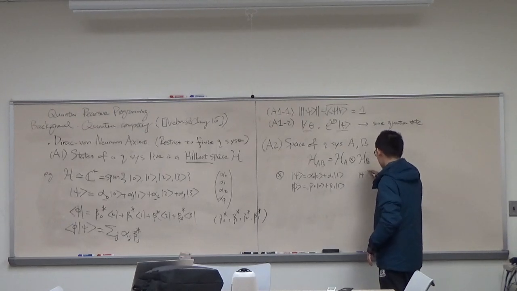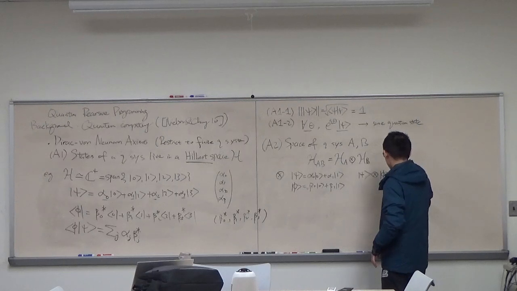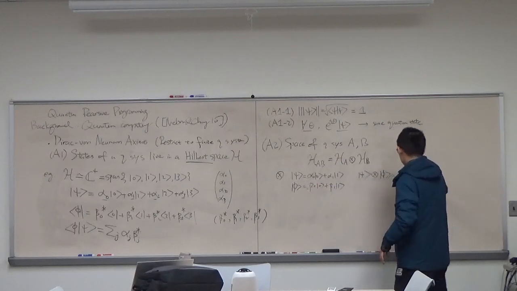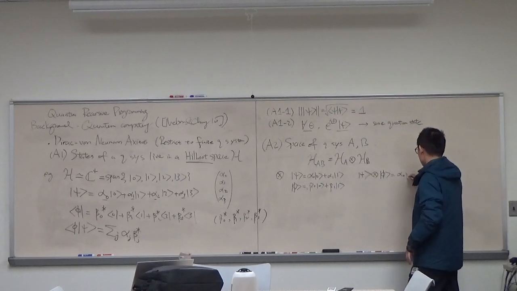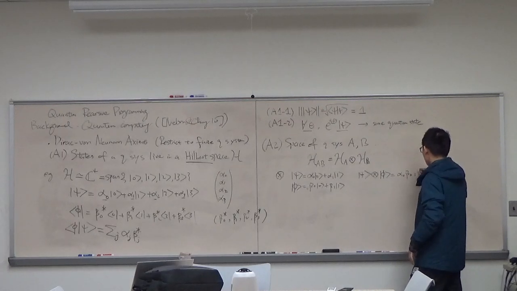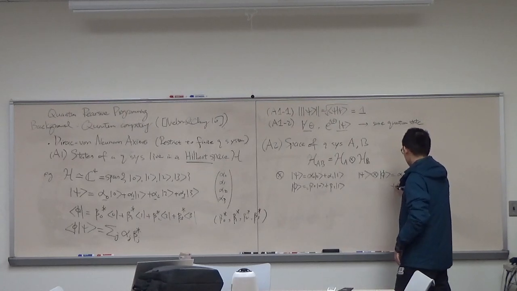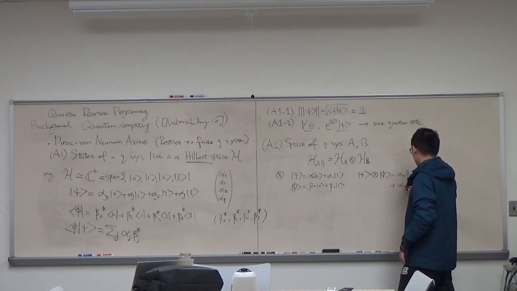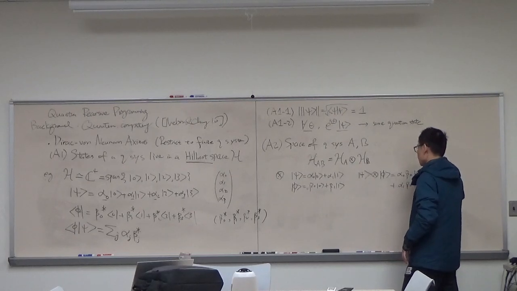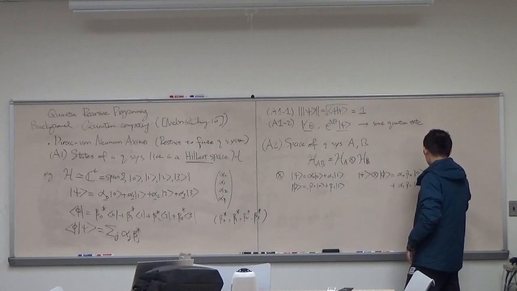So this is often written in this way. You just multiply: alpha 0 beta 0 ket 0 tensor ket 0, plus alpha 1 beta 0 ket 1 tensor ket 0, and so on.